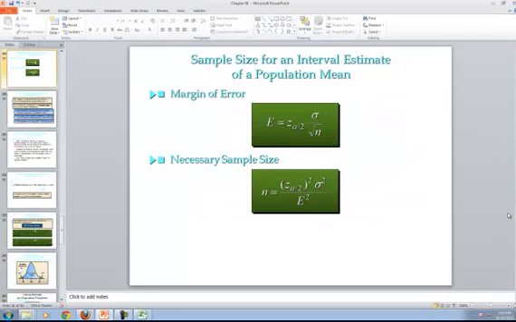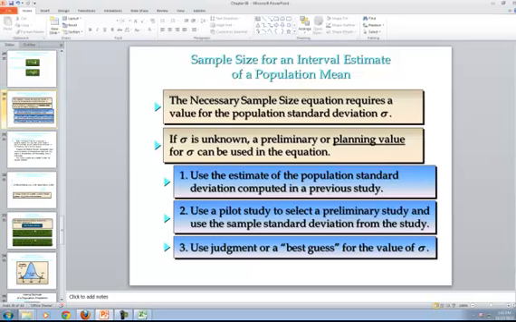And here are the formulas. Given the margin of error, we can determine the necessary sample size from the equation at the bottom. Now take note though that we would require the population standard deviation sigma.